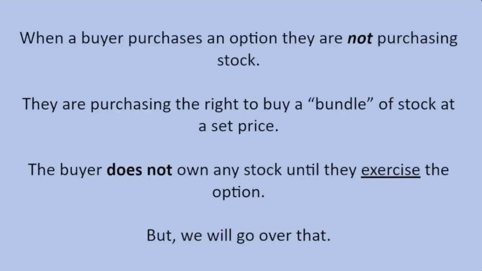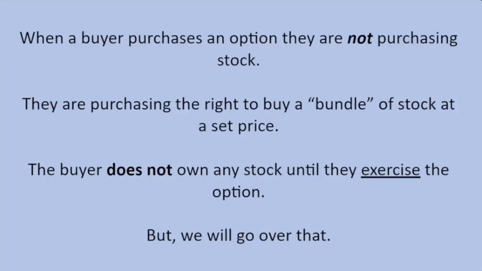All right. When a buyer purchases an option, again, they're not purchasing a stock. They're purchasing a right to buy a bundle of stock at a set price. That is to say, I'm not buying stock when I buy an option. I'm going to a seller and I'm going to get a contract to buy stock down the road. That's what the options contract is.